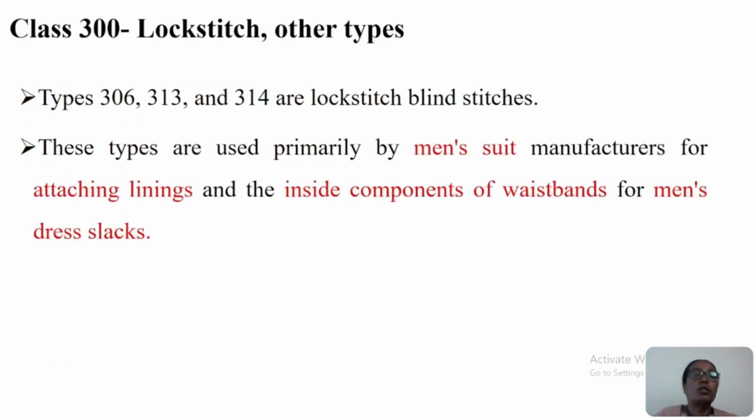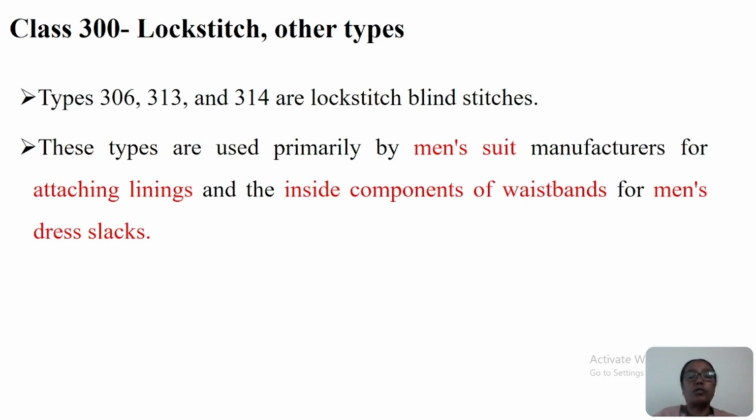The class is lock stitch 300. Types 306, 313, and 314 are other types of class 300. They are a lock stitch or blind stitch type.